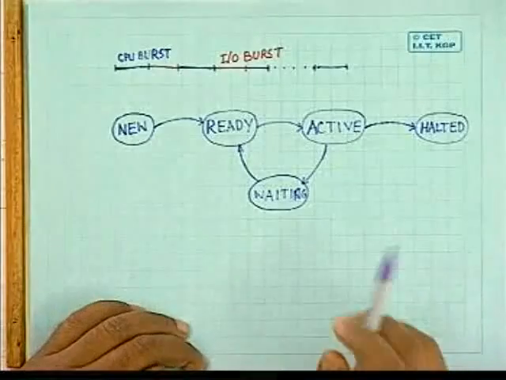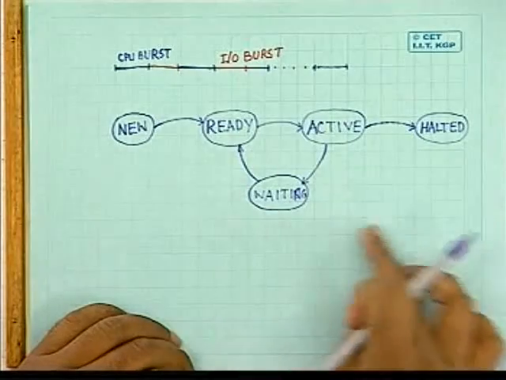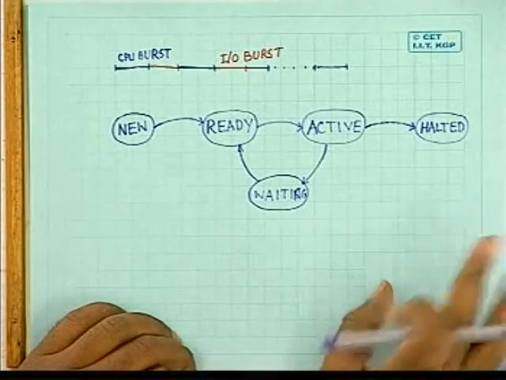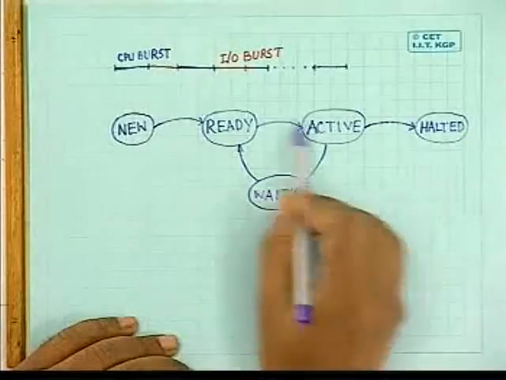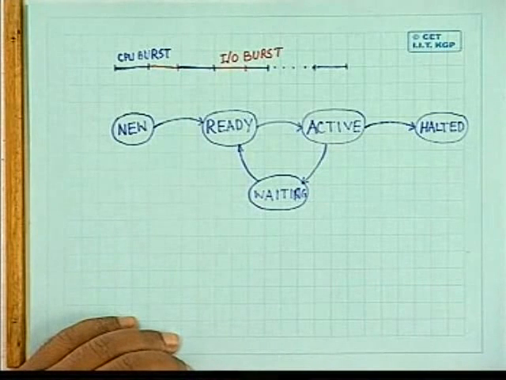We can only execute in a multiplexed fashion. Here the multiplexing is in the form of CPU burst and IO burst. When you execute the CPU burst of one program, another program is performing the IO burst. So in this multiplexed fashion, I can have a multi-processing system even if I have a single CPU in the computer. And this is what is known as the state diagram of a process.